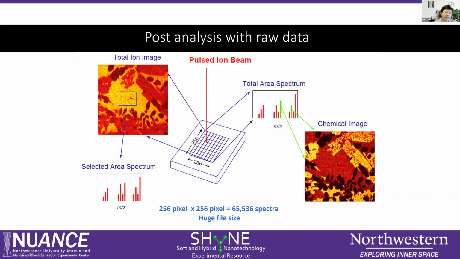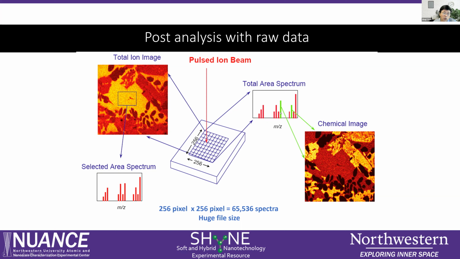So when you collect the data, for example, if you use 256 by 256 pixels, you get at least 65,000 spectra. This is the raw data you collect.